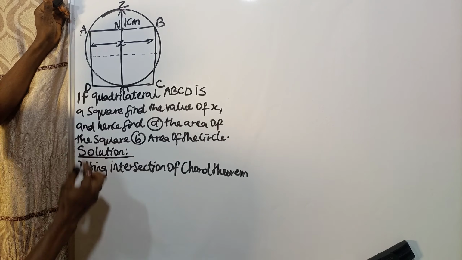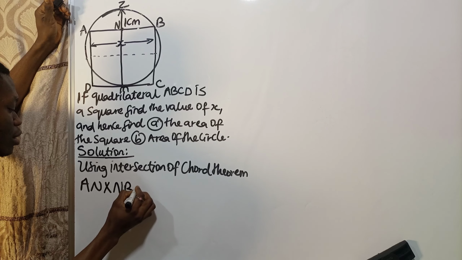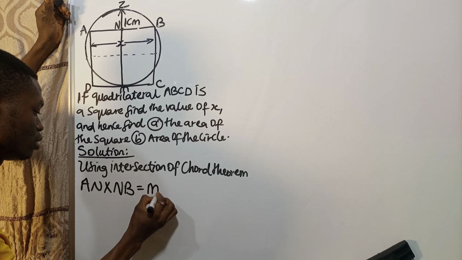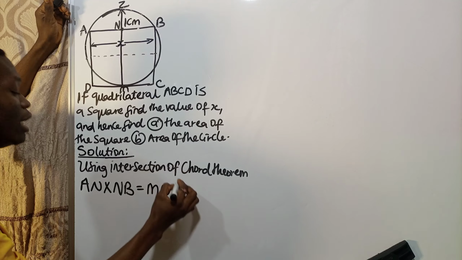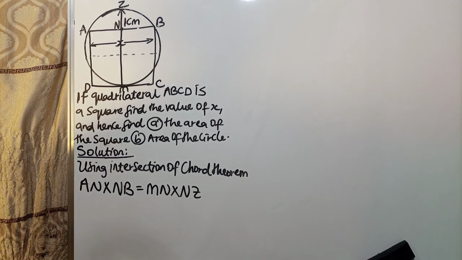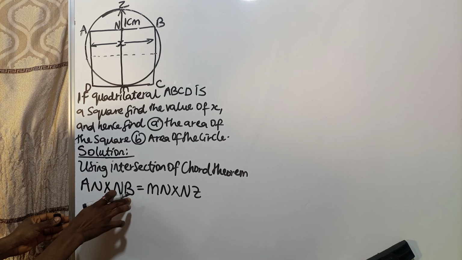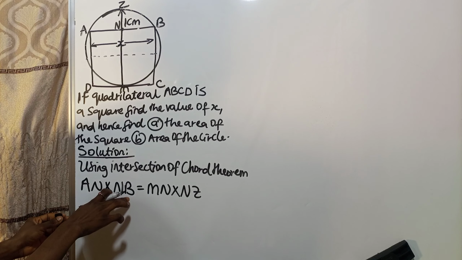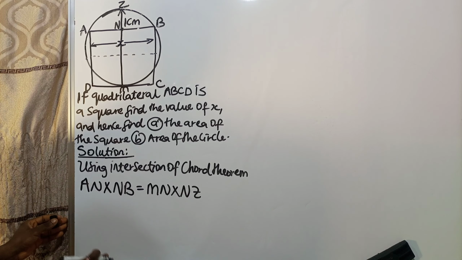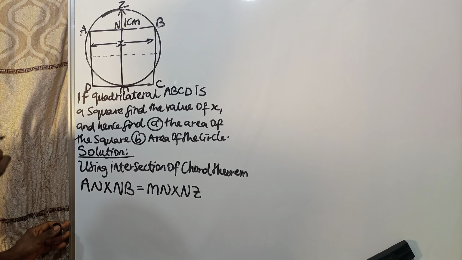AN times NB will give us the same value as MN times NZ. So we know that AN times NB is equal to MN times NZ because they are chords. That's the intersection of chords theorem.